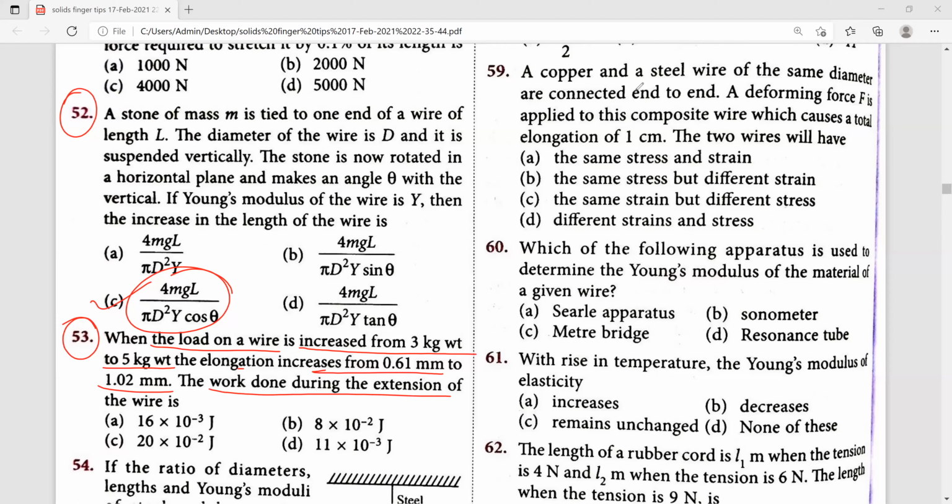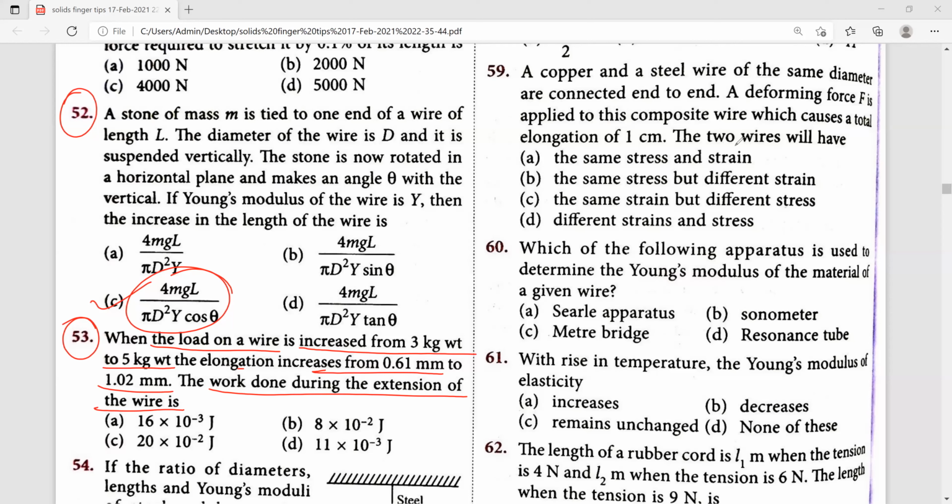Work done during the extension of the wire is how much, they ask. Here 4 options they have given. 16 into 10 to the power of minus 3. Second one 8 into 10 to the power of minus 2. Third one 20 into 10 to the power of minus 2. Fourth one 11 into 10 to the power of minus 3. 4 options they have given.